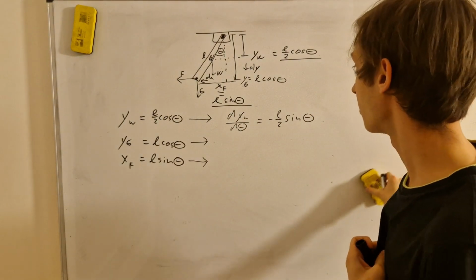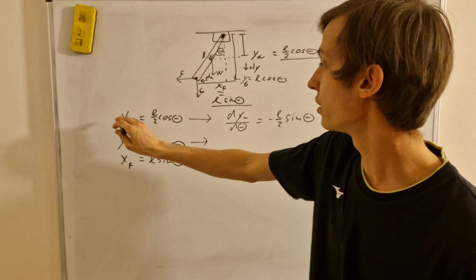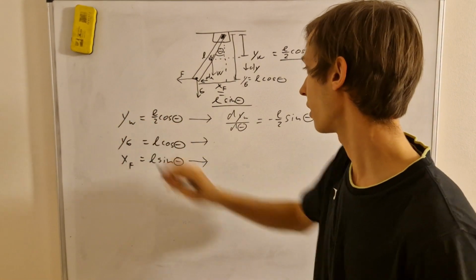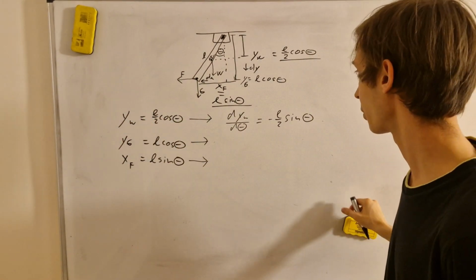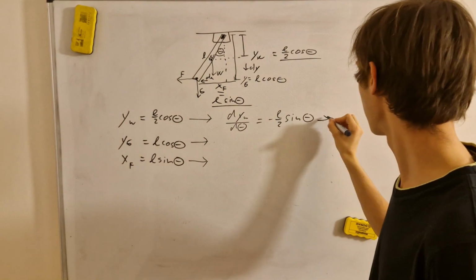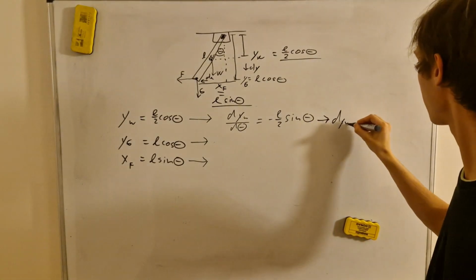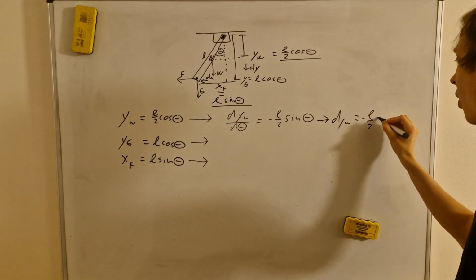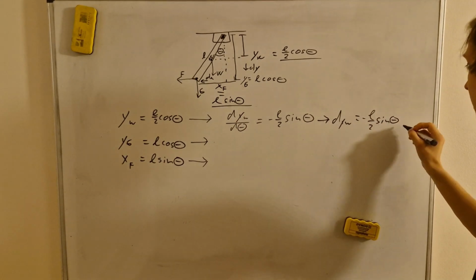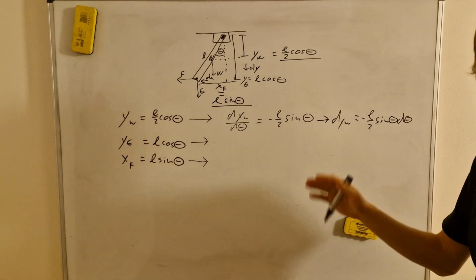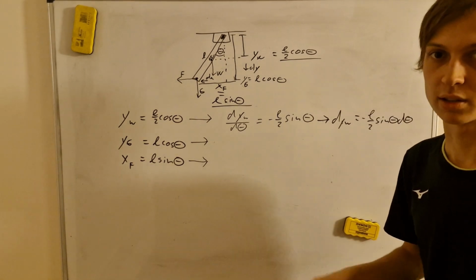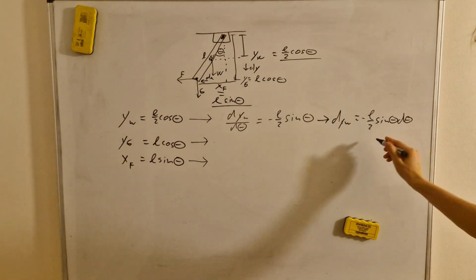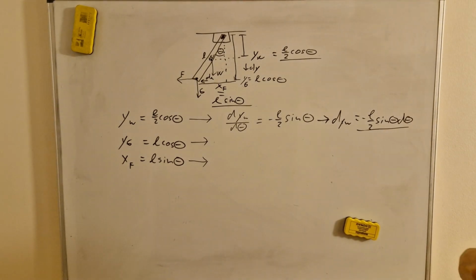And then both sides, I want the differential dy, or dy w in this case, to be more concrete. So therefore, dy w, I multiply both sides by the d theta, I get the d theta on the right side. Although that's not really important, especially in this case, every d theta will be cancelled out with 0 on the other side of the equation anyway. So we write it, but we'll get rid of it in a second anyway.